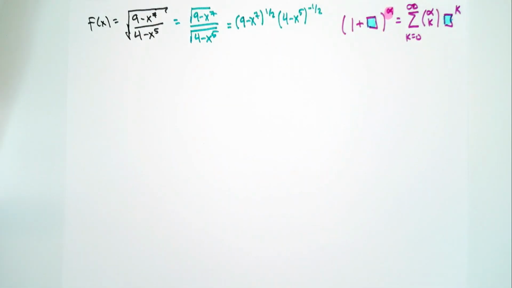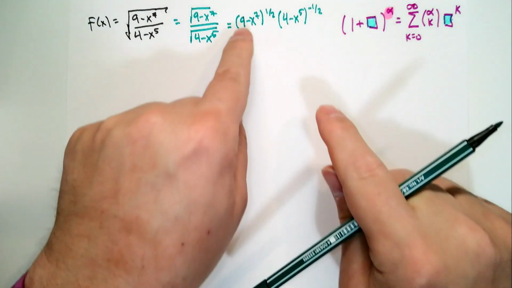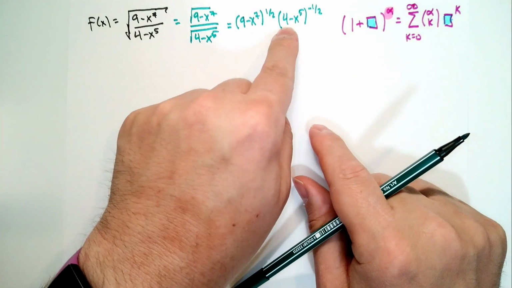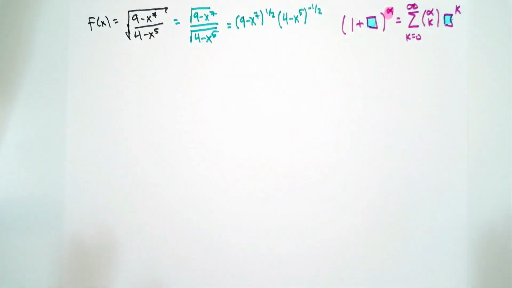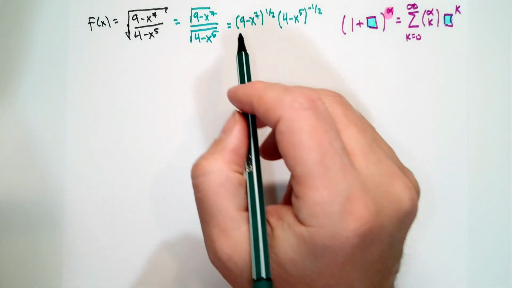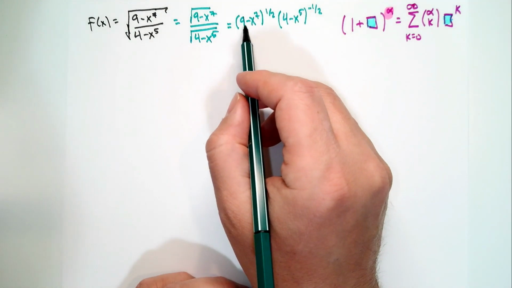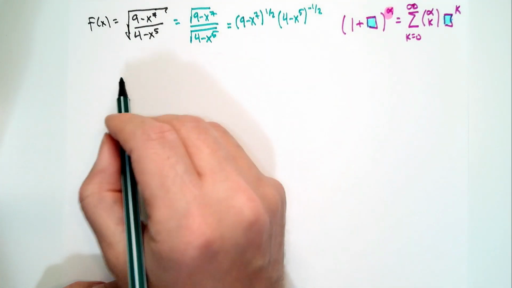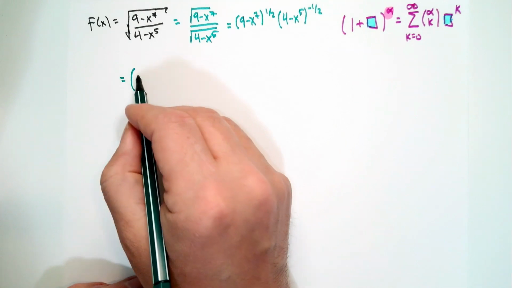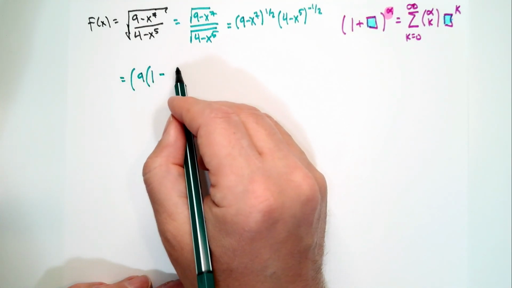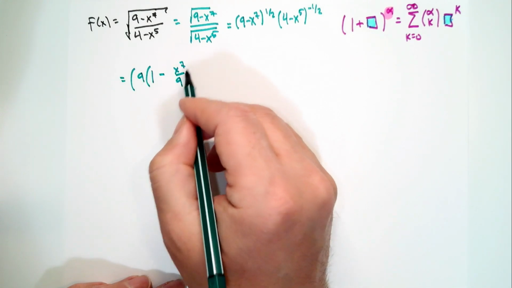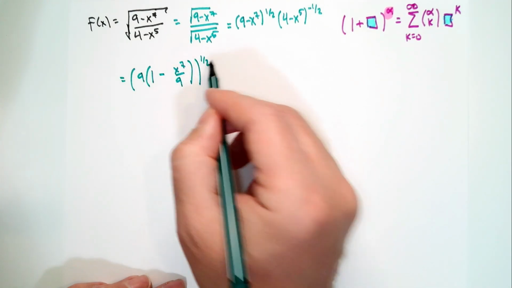Life is good. But what's bad? Well, that's a 9. That's a 4. I want a 1. Well, that's easy to fix. I can pull out the constants. So if I factor 9 out, what do we have? I can think of this as 9 times 1 minus x to the 7th over 9, to the 1/2.